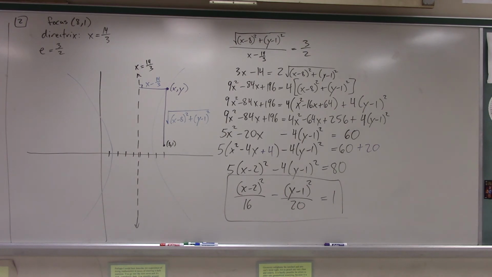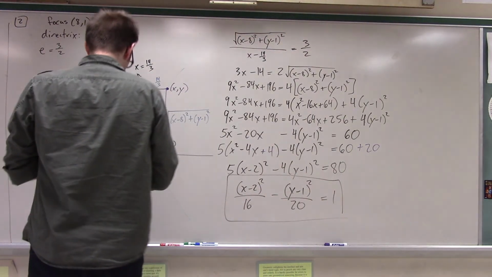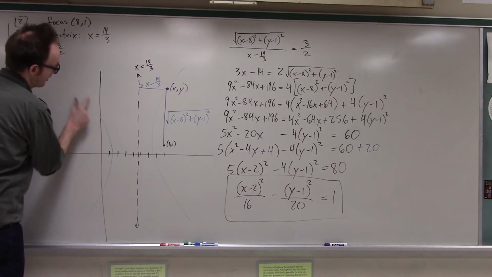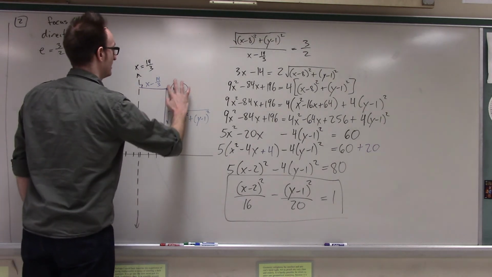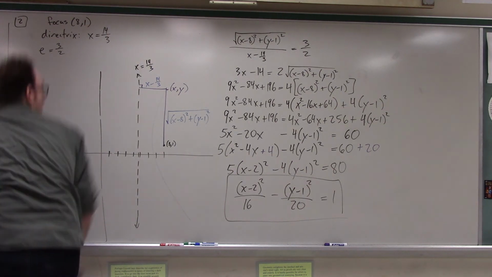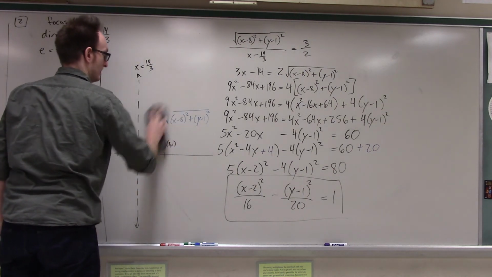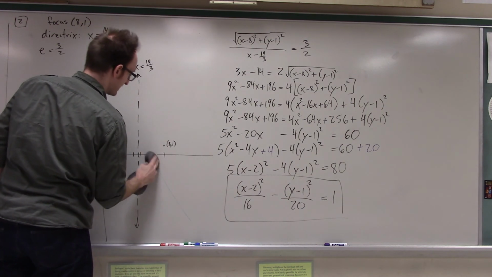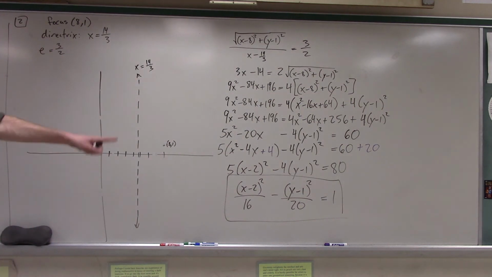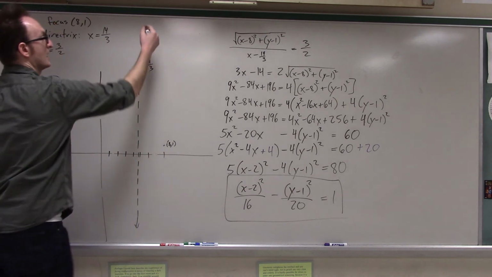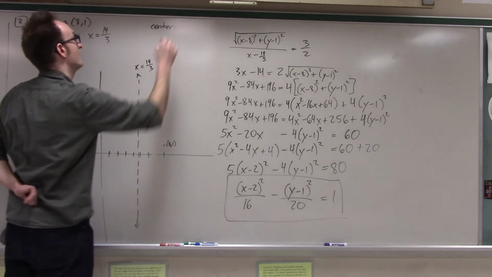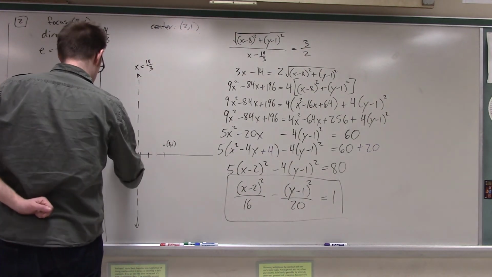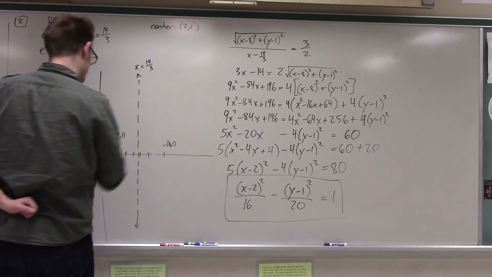It's a little bit of thinking and picture making, and then a lot of algebra. Okay, let's confirm. Let's erase this rough sketch, because now I can make the real sketch. So that is the focus at (8, 1). What does this tell me? Well, from this equation, I know that the center of my hyperbola is (2, 1).